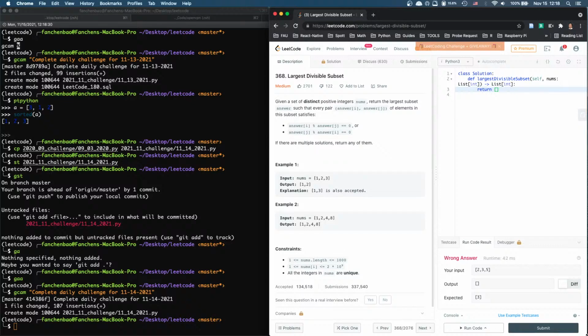Hold on, we only have 1,000, which means O(n squared) might work. So for each value, I'll just go through every value previously to see which group it belongs to. Right, every value comes in, I check. So I say it belongs to this. It can also belong to this.